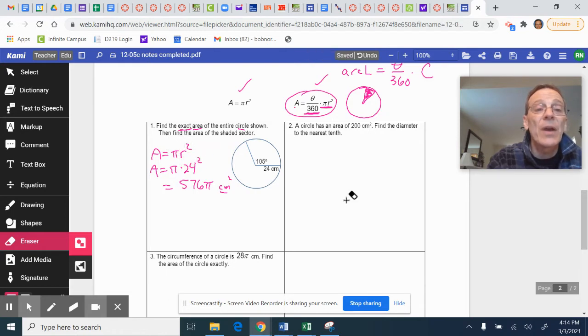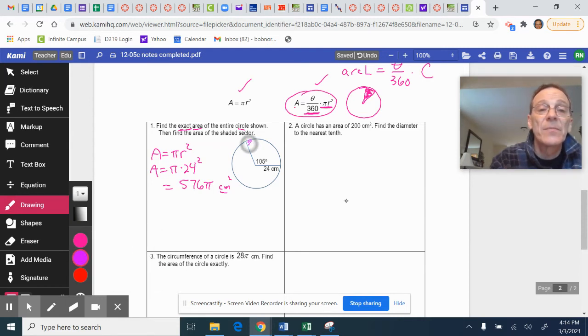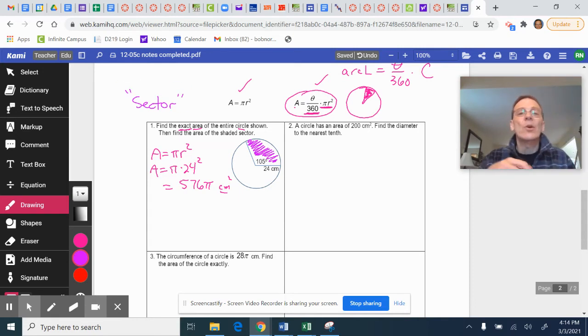But then we were also asked to find the area of the shaded sector. Well, I forgot before I made these notes to shade this sector. And by the way, that word sector is a technical geometric word, and it basically means a pie piece. I'm not going to quiz you on the meaning of that word, okay?